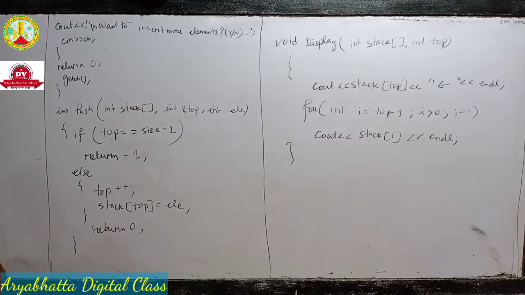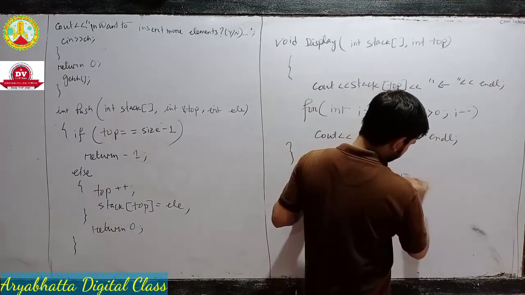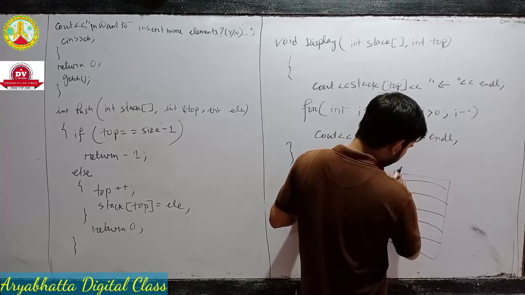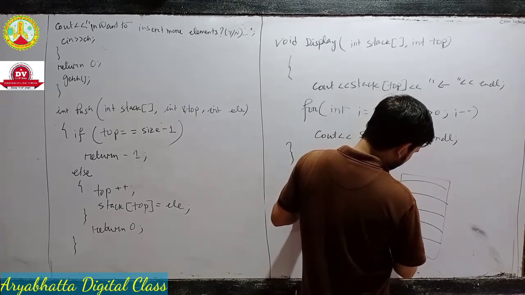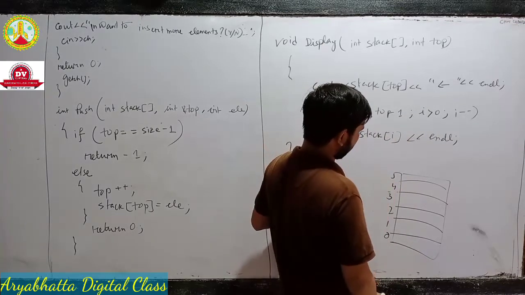See, why do we use a decrement loop? I told you, because in a stack you see, the index is coming as 0, 1, 2, 3, 4, 5. Your index is reverse. Okay.